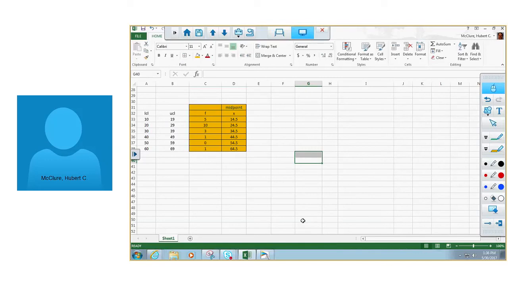You have to find the midpoint. Then what do you have to do? You have to find n, and the summation of f is equal to n. So that's going to be equal to all those added up. Okay, so now you've got everything you need to find your mean.